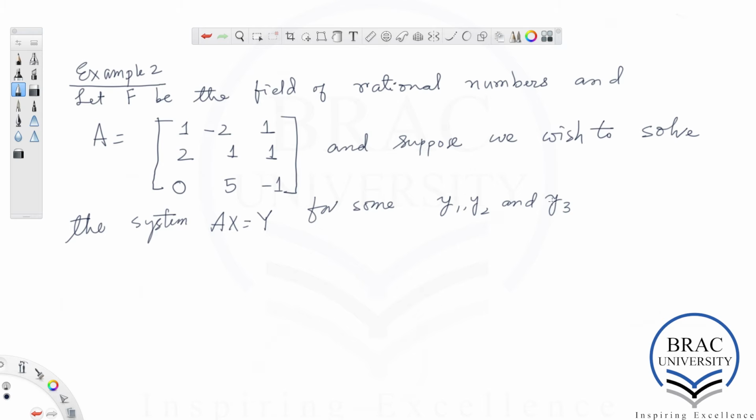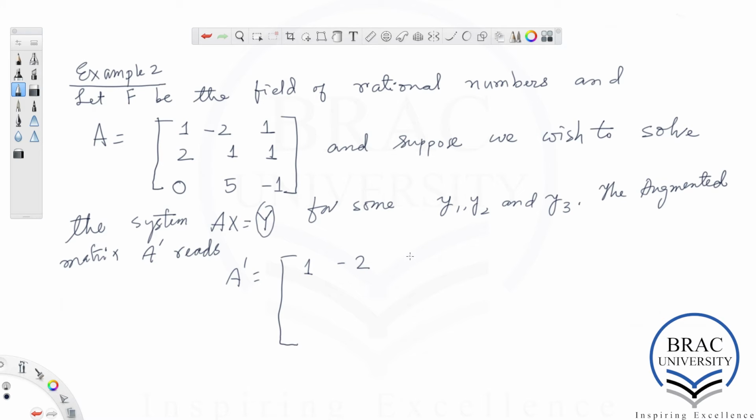Okay, so the augmented matrix in this case, A prime, reads: we just write this matrix A first and then attach this column to A to form A prime.